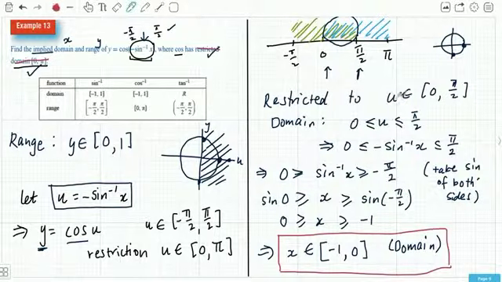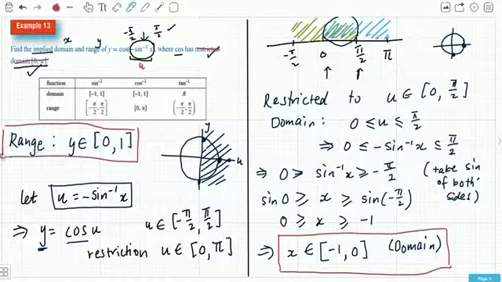Once you've found that with u, find out what the restriction is on x. That's your implied domain. And for your range, you're considering the equation y equals cos of u, because you've let this equal u, and you're thinking, for u between these values, what's the maximum and minimum that cosine can be? And we know that the maximum and minimum would be 0 and 1.